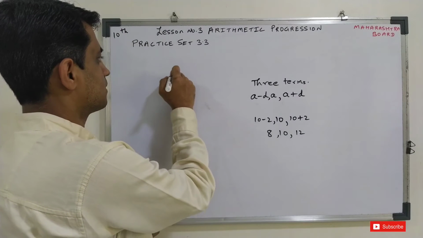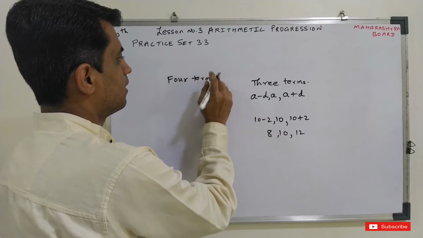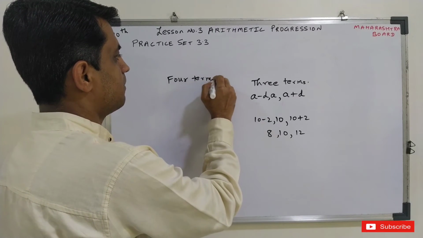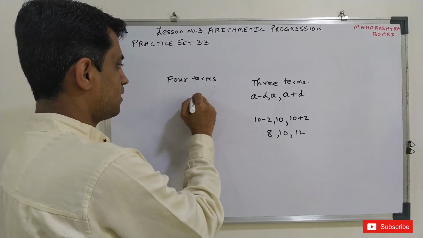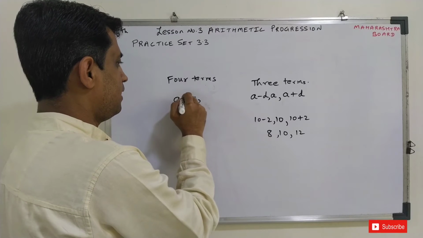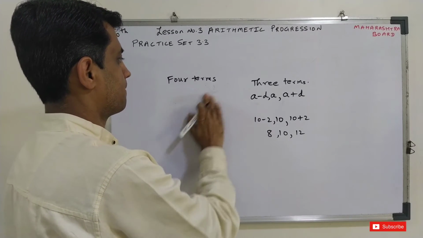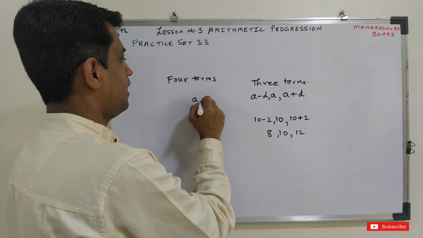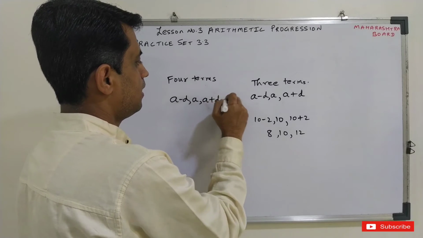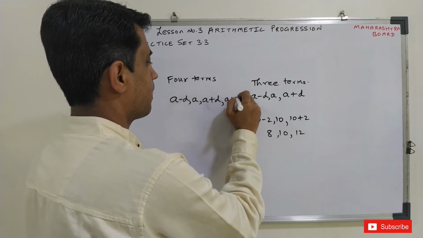There can be 4 numbers also. Suppose 4 terms are missing. In that case, what will we do? If 4 terms are missing, suppose the terms are a minus d, a, a plus d, and the fourth term will be a plus 2d.